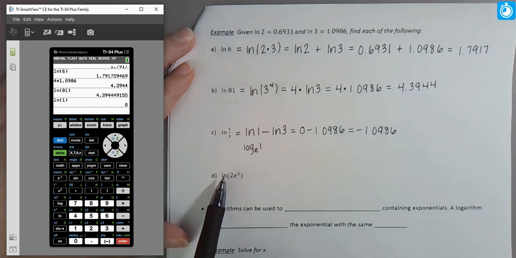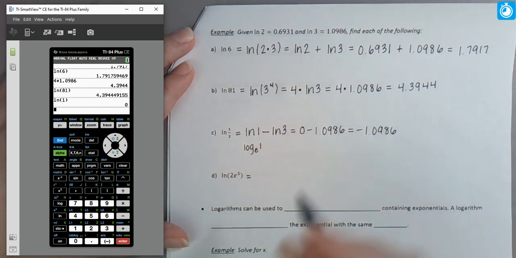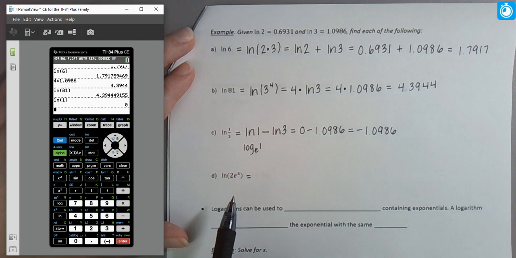Okay, one more example. So the natural log of 2 times e to the 5th power. So e to the 5th power, e is our natural exponential base, and now it's being raised to the 5th power. But keep in mind, e is a fixed number, so e to the 5th power is also a fixed number. It's a fixed number multiplied by 2.